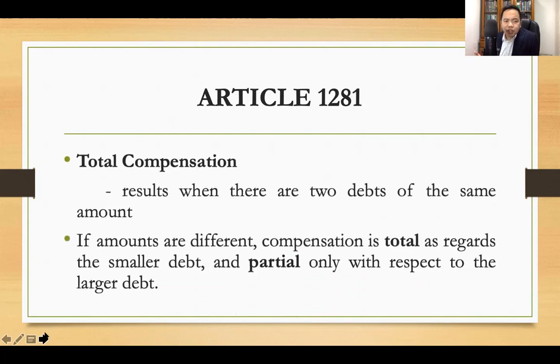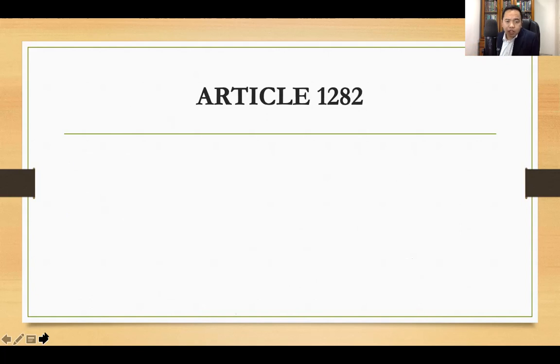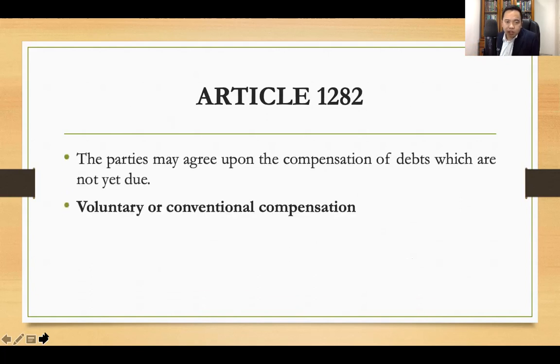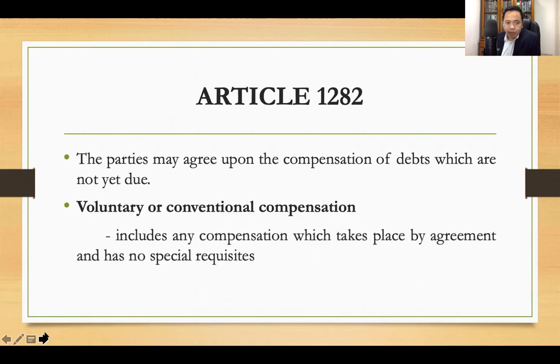Total compensation or partial compensation, very easy to understand. Voluntary or conventional compensation takes place by agreement of the parties, even if the requisites of 1279 are not complied with. Kasi obviously, class, pagka kompleto ang requisites in 1279, then you do not need to agree.